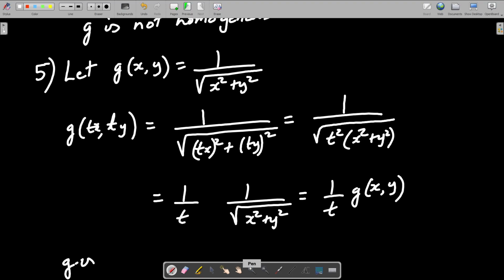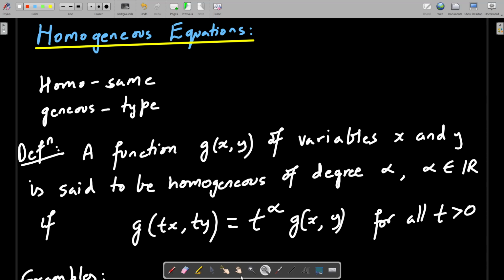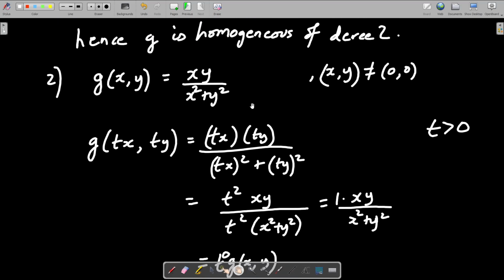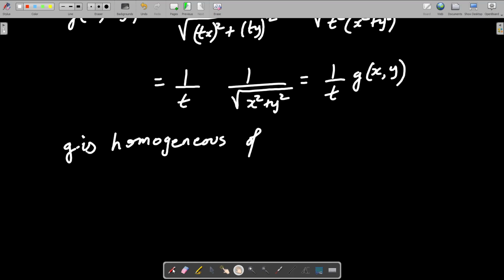So hence g is homogeneous of degree minus 1, because this becomes t raised to minus 1 once you take it on top.